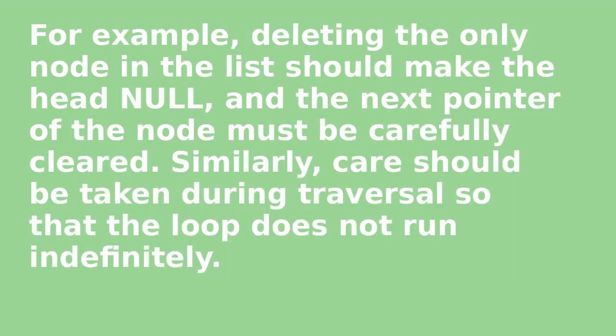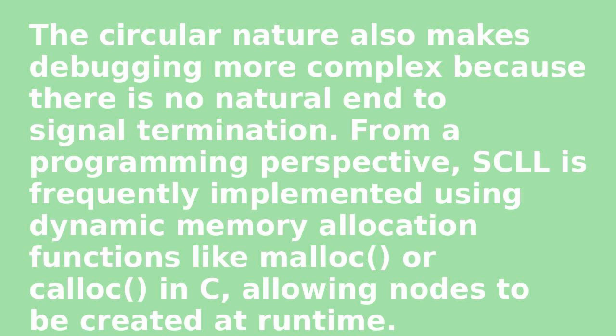For example, deleting the only node in the list should make the head null, and the next pointer of the node must be carefully cleared. Similarly, care should be taken during traversal so that the loop does not run indefinitely. The circular nature also makes debugging more complex because there is no natural end to signal termination.